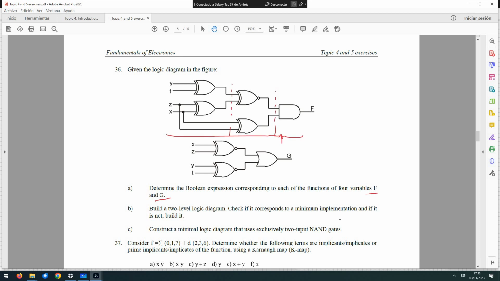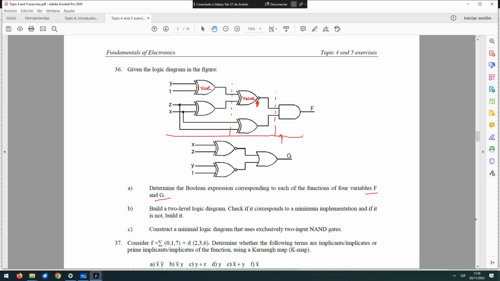This is the XOR gate, if you remember, and this is the same but with a little circle. So it's the XNOR, the negation of the XOR gate because of this small circle.